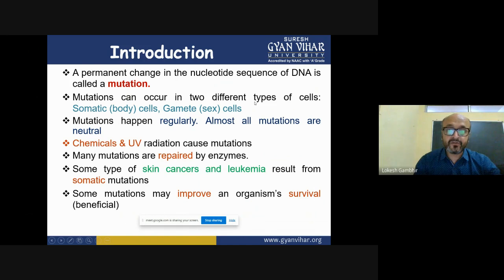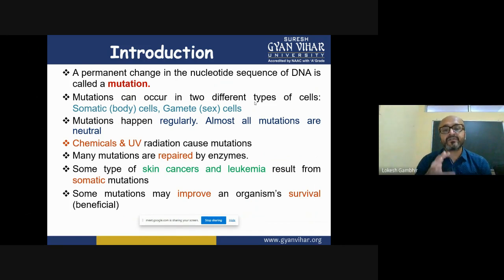What can be the other causes? The most prominent mutation in our body is spontaneous mutation, which happens because of the replication enzyme, the polymerase. While we were studying DNA polymerase and DNA replication, we clearly established that there is a chance of error, and that error is repaired by the repair pathways.